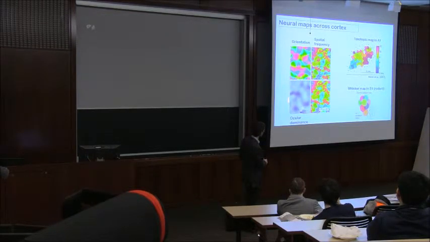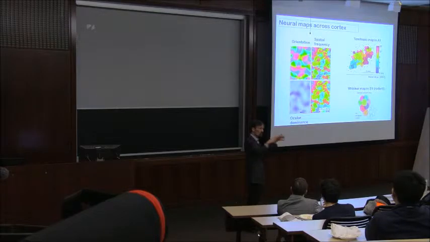There's also an ocular dominance map, which is left and right eye. There's a spatial frequency map. I think this is a temporal frequency map. All overlaying each other, all sort of superimposed on this two-dimensional sheet. So a neuron in primary visual cortex is tuned for many, many different parameters: orientation, wavelength, spatial frequency, temporal frequency, x, y position. You add all these up, you get like 15 parameters that the neurons are tuned for, but they all have to be represented across this cortical sheet in this two-dimensional map.